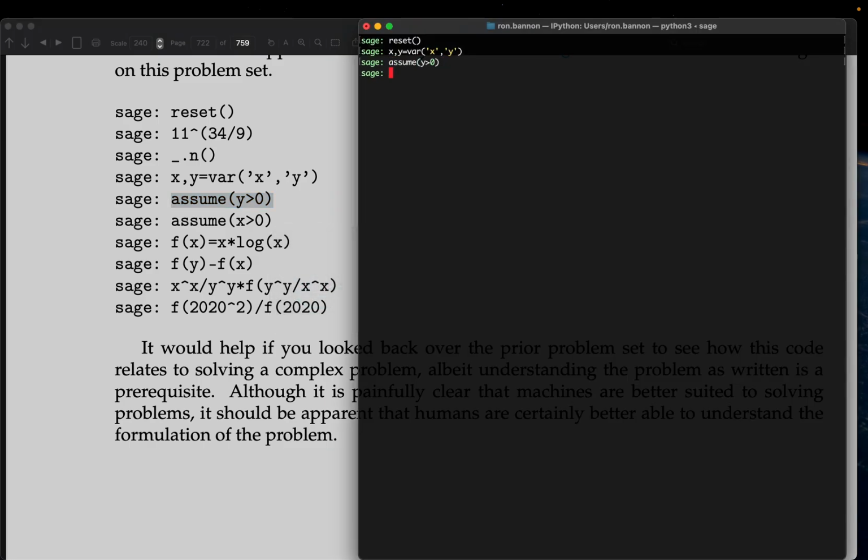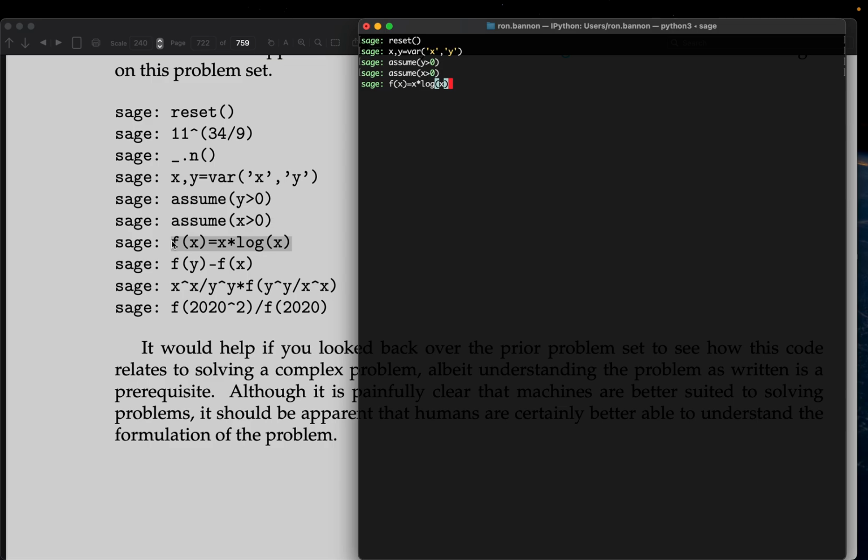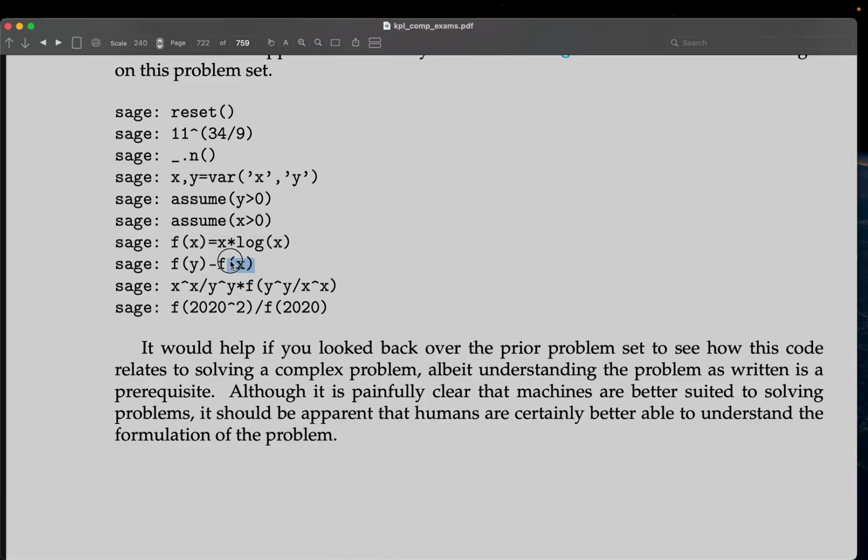Assume y is greater than 0. And I'm going to assume x is greater than 0 too. I'm just going to type over it. And then I'm going to assign f that this is x log x. And that should be sort of in your memory if you studied the notes, by the way. And then, write down f of y minus f of x.